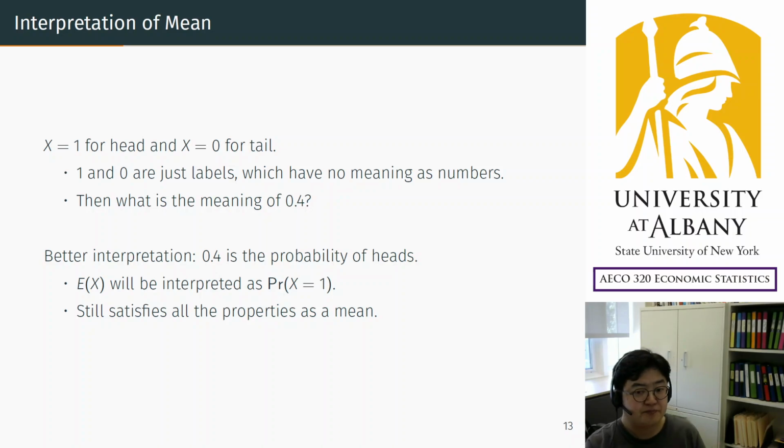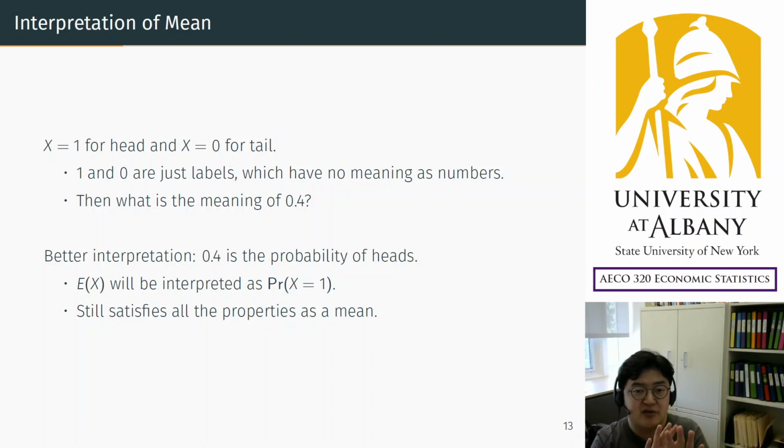And then, why is it important? Well, because I am going to interpret the mean as a probability. So think about this. We are considering a coin flip. 1 is heads, 0 is tails. By the way, 0 and 1 don't mean anything. We are just encoding the 2 outcomes as zeros and ones.